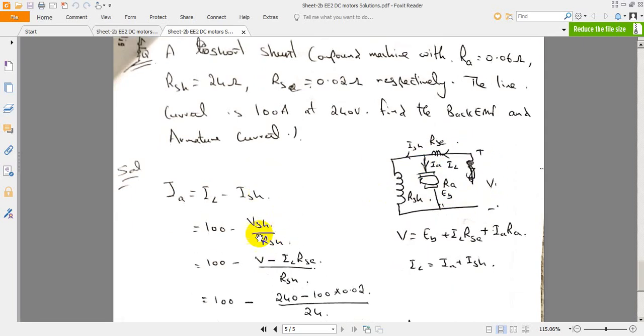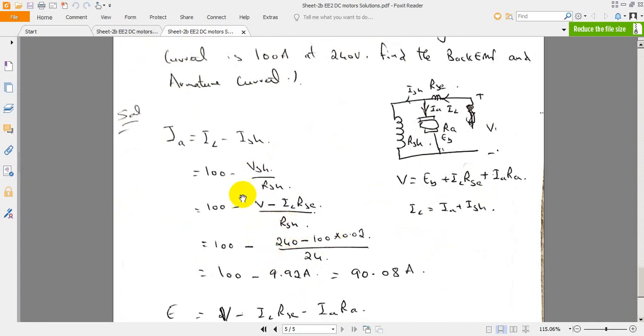So we will write VSH is equal to V minus IL into RSC. V is 240 minus IL, which is 100, into RSC, which is 0.02, divided by 24 ohms. This value is equal to 9.92. So ISH is equal to 9.92 amperes.